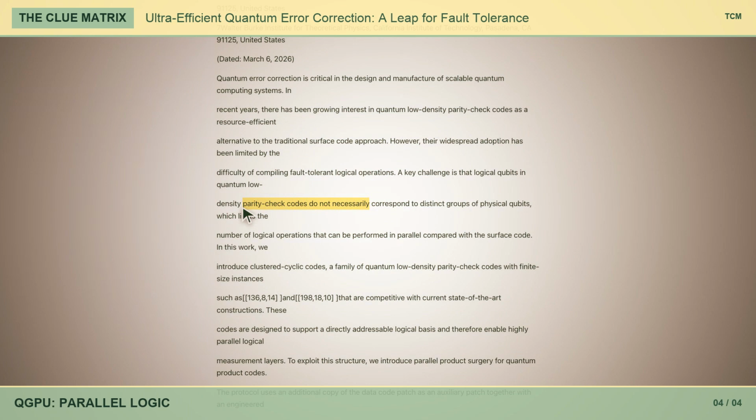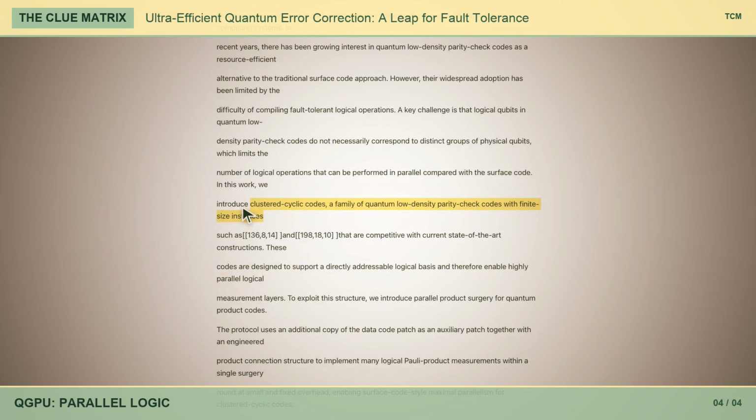How does that lack of clear separation hinder parallelism, especially compared to something like the surface code? The problem is entanglement. When logical qubits heavily overlap at the physical level, performing an operation on one might inadvertently affect another. The surface code's patches offer inherent isolation, simplifying parallel operations, but QLDPC often loses that clarity.